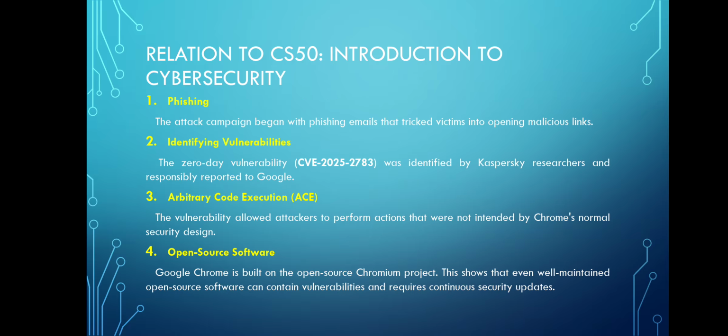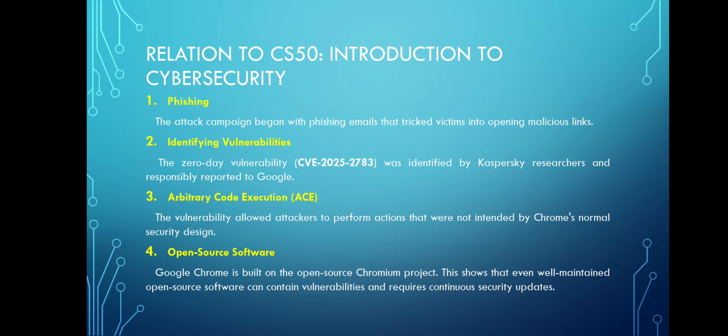Relation to CS50 Introduction to Cybersecurity. This incident relates to several concepts that were covered in the Securing Software lecture of CS50. First, the campaign began with phishing, where attackers used convincing emails to trick victims into clicking malicious links. Second, it demonstrates the importance of identifying vulnerabilities, as Kaspersky discovered and responsibly reported the zero-day vulnerability to Google.